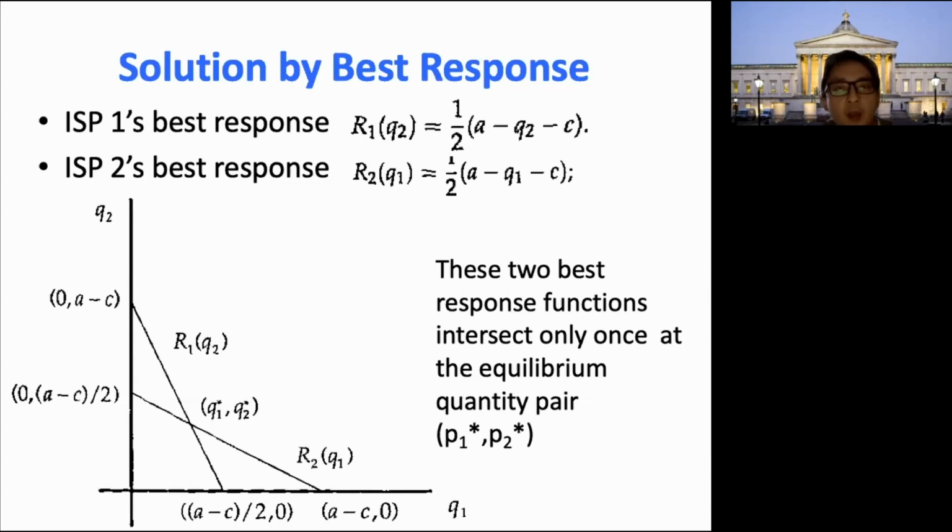If I take Q2, what would my Q1 look like? So you can write down the best response. And think about this: there is only one crossing between them. So this is a Nash equilibrium, isn't it? Any reason why this could be the Nash equilibrium?